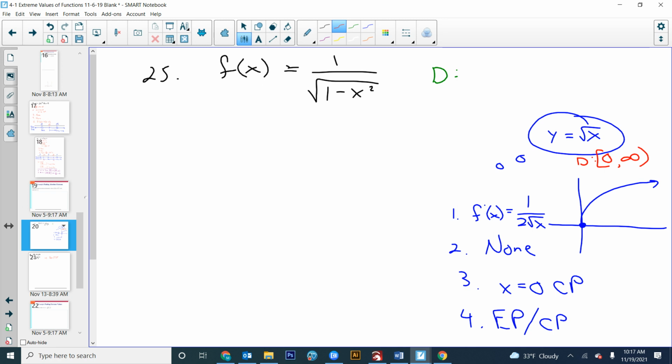What's the domain of the derivative? Zero to infinity with a parenthesis. Do you agree? Why isn't f of x differentiable at 0?